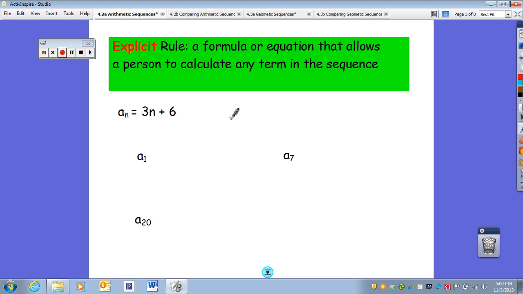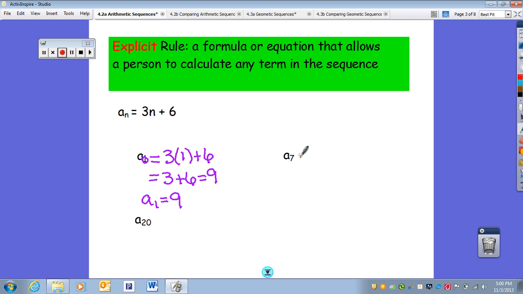So if I want to find the first term in the sequence, I need to take 3, and the number of the term is given to me right here as my subscript, so that's going to be 1, and I'm going to add 6. 3 times 1 is 3, plus 6 would equal 9. So my first term, or a sub 1 in my sequence, is 9.